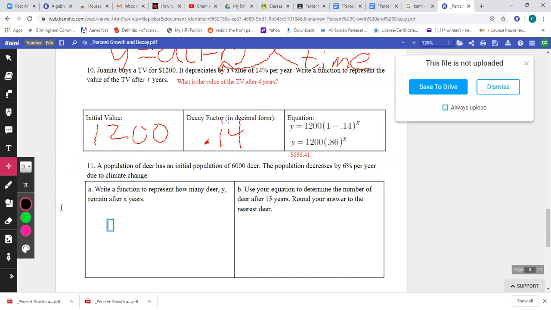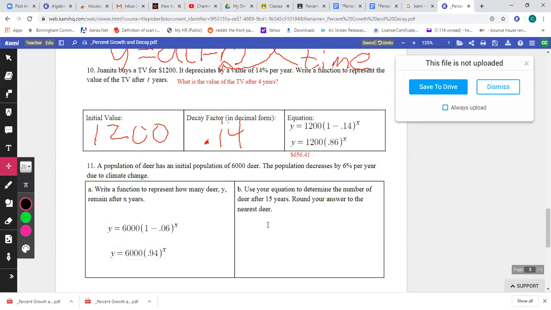Okay, so I should get y is equal to 6,000 times (1 minus 0.06) to the x. Remember, 6% is 0.06. So this ends up being y is equal to 6,000 times 0.94 taken to the x power.